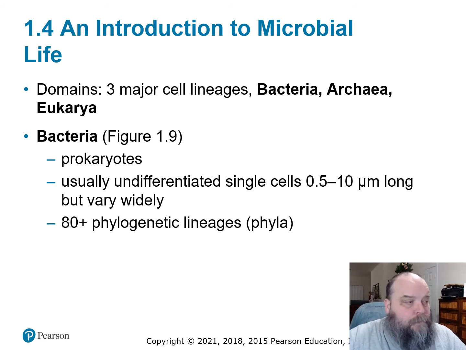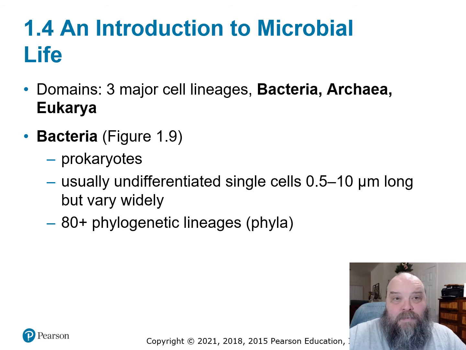The bacteria, as we said in section 3 of this chapter, are relatively small compared to us, compared to our cells. They're anywhere from 1/2 to, at best, 10 millionths of a meter long. There's about 80 plus phyla. Why the plus?